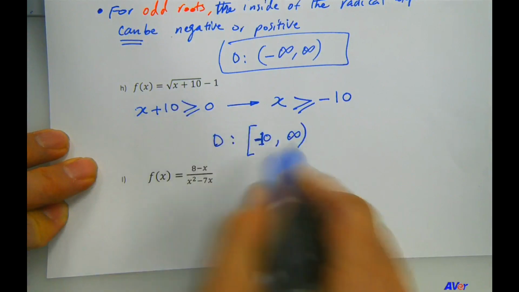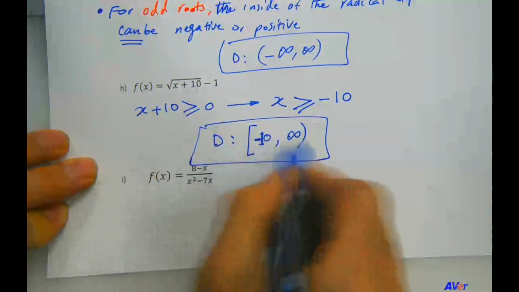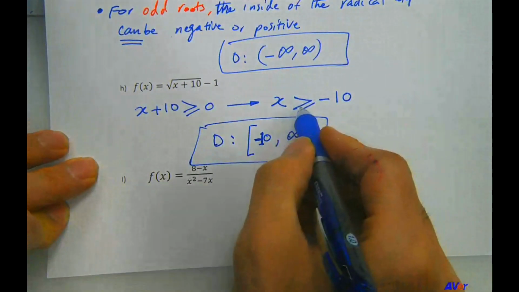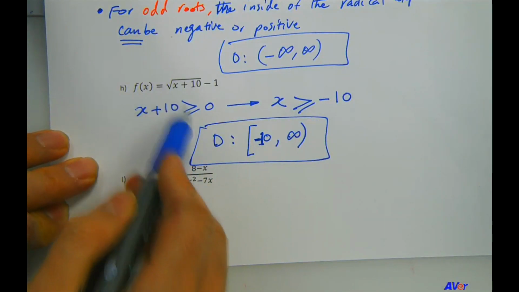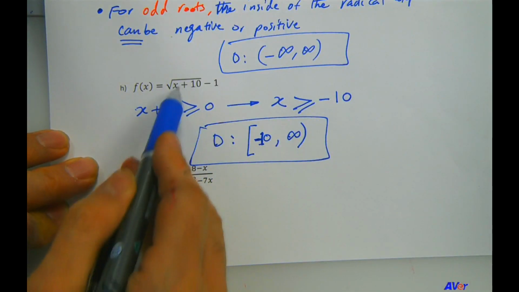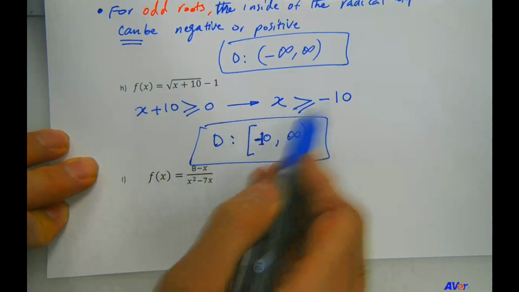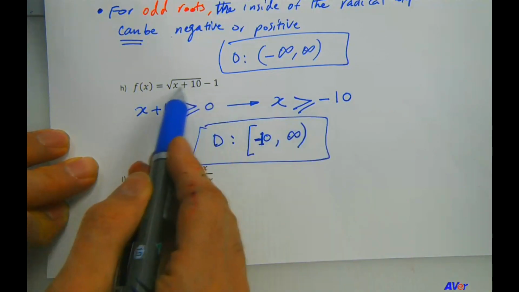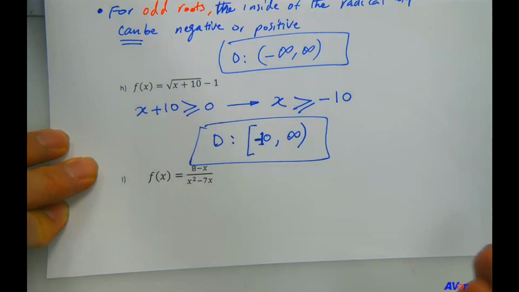So in this case, we have bracket negative 10, comma, infinity. Okay, so we set up an inequality to solve for what makes the inside 0 or greater than 0. So those are all the x values equal to or greater than negative 10 that would make this inside either 0 or something positive.